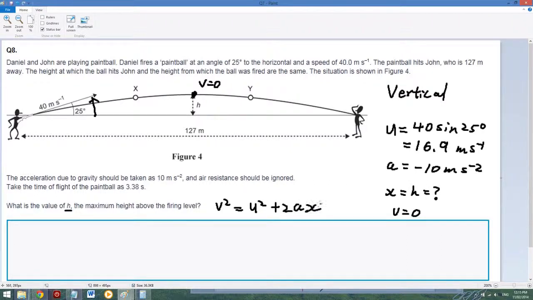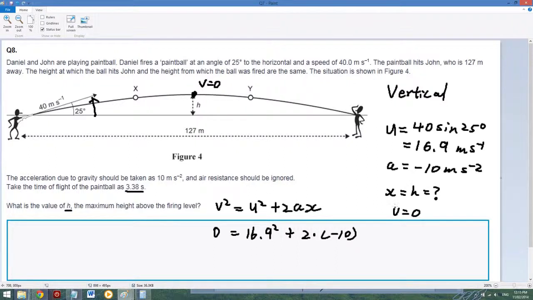Acceleration will be minus 10. At this point, the highest point, the final velocity will be 0. My x is my h, and that's what I need to find.